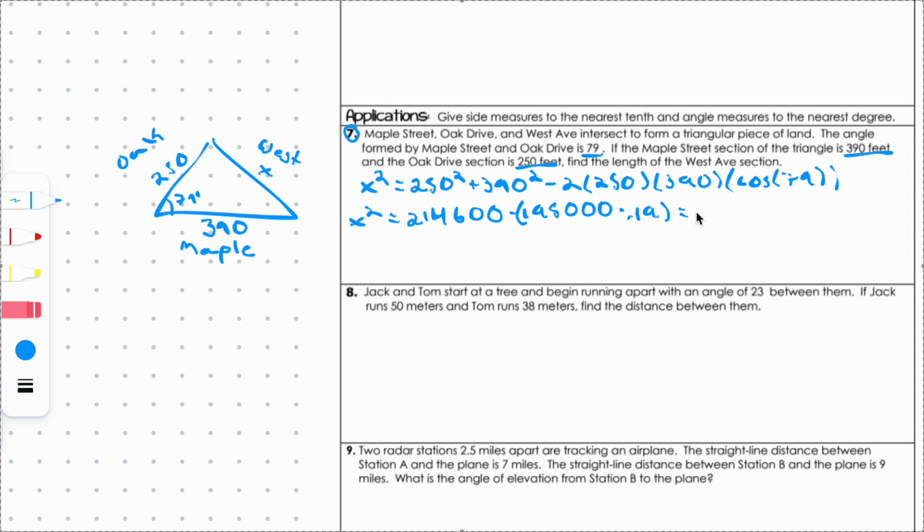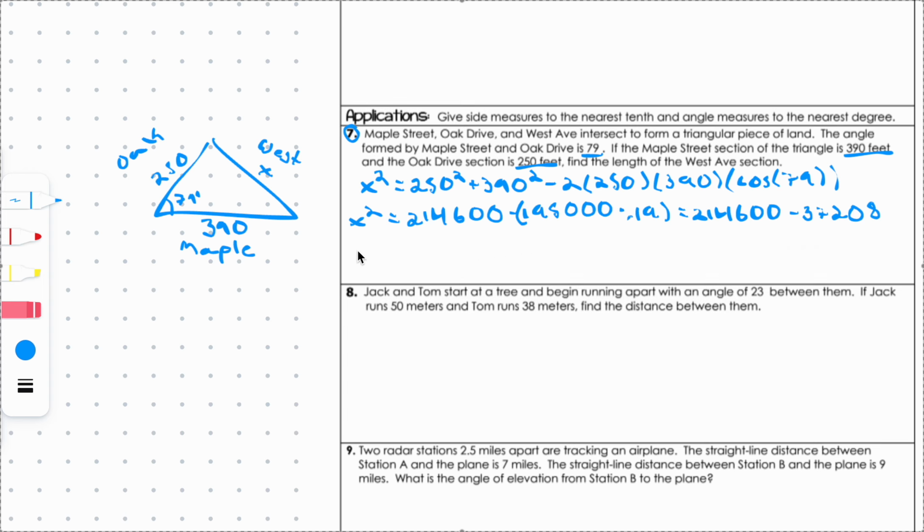So now we have 214,600 minus 195,000 times 0.19, which gives us roughly 37,208.